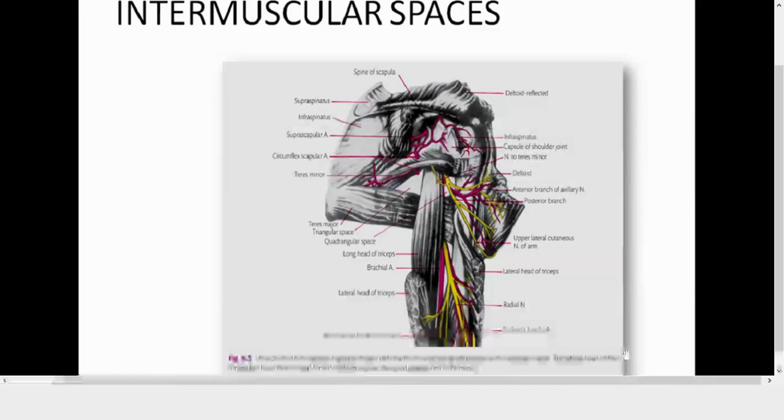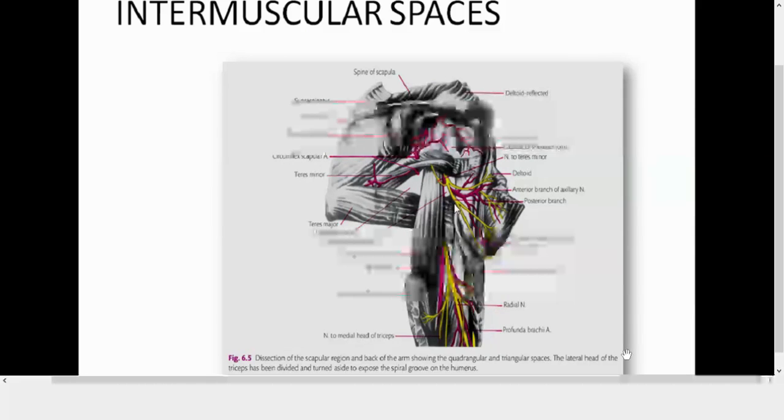They form the superior boundary along with the shoulder joint capsule, which lies in between and also forms the superior boundary of this quadrangular space. Then medially we have the long head of triceps, inferiorly the teres major muscle, and laterally the upper part of the humerus.